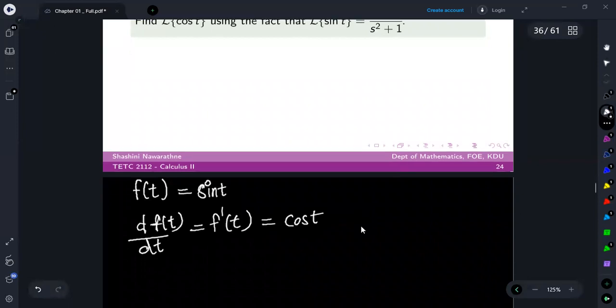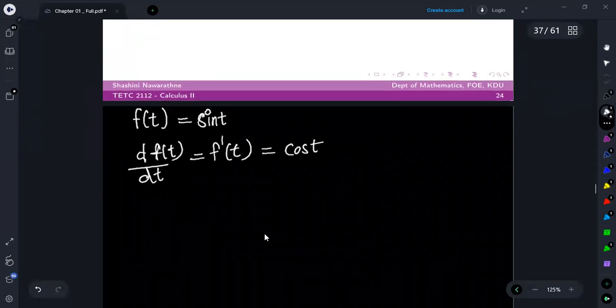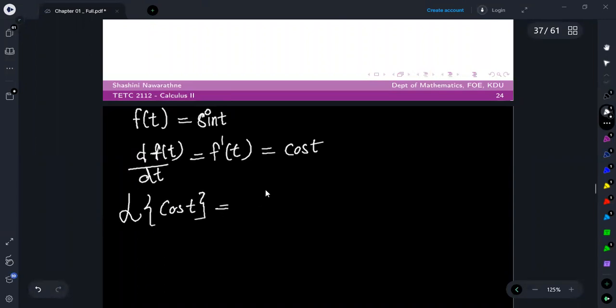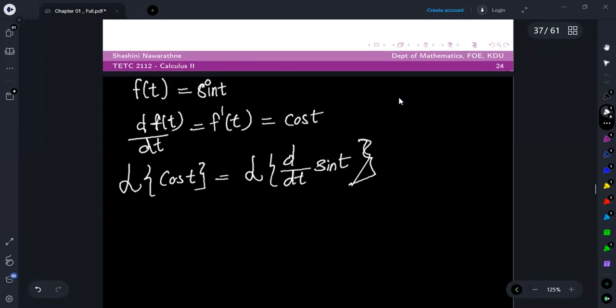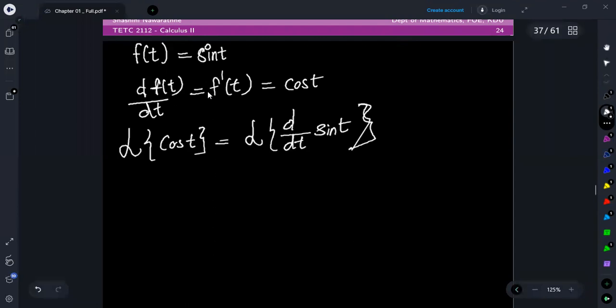So to find the Laplace transform of cos t, we can consider the Laplace transform of d over dt sin t, which is f dash.